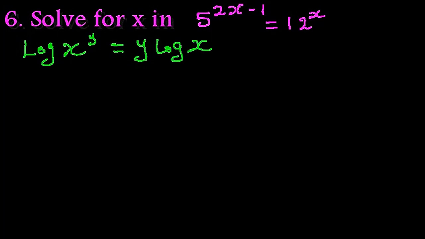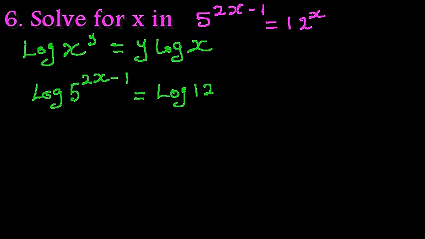So we can apply this rule to help us solve for x. We get the logarithm of both sides. So we have the log of 5 to power 2x minus 1 is equal to the logarithm of 12 to power x.